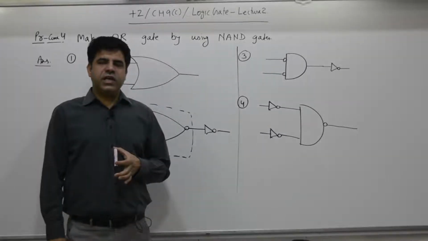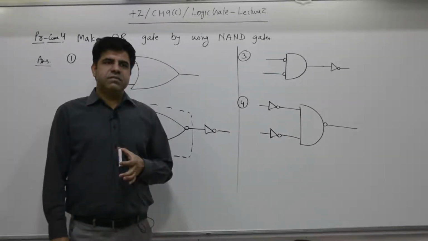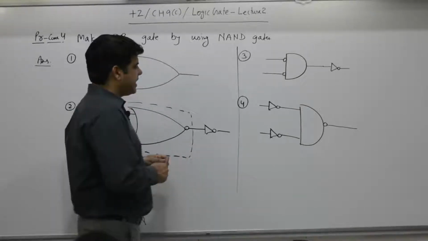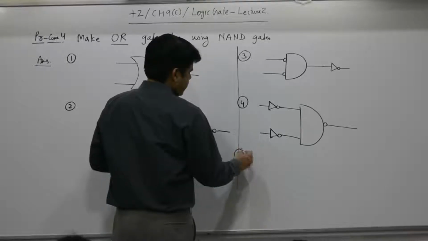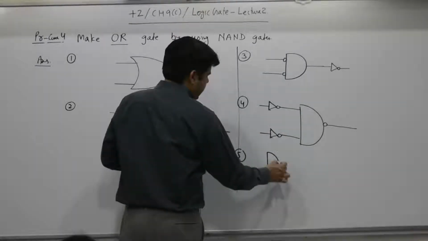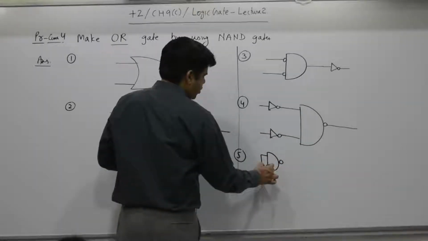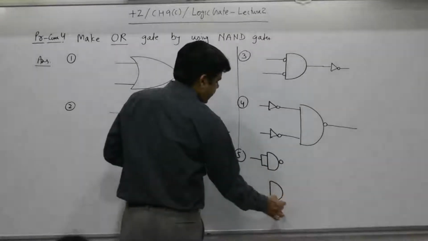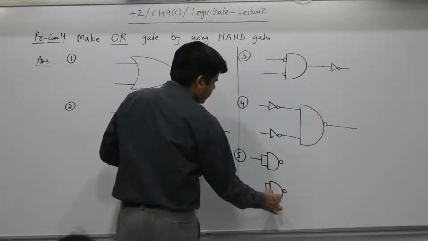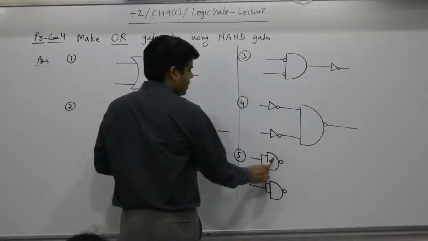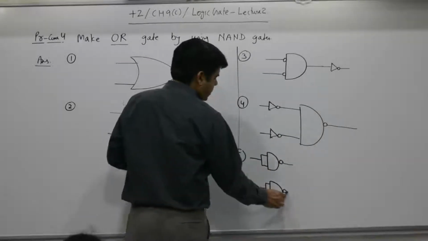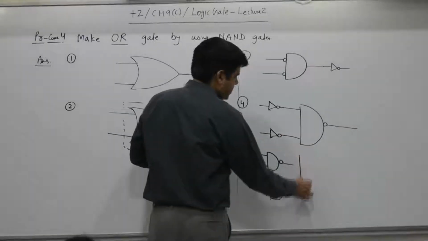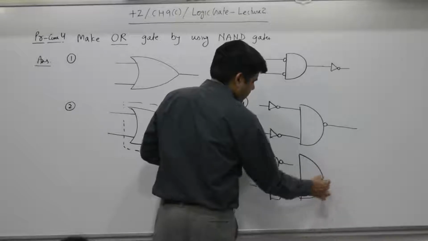How you get a NOT gate from NAND gate? Short circuit, correct. So this is NAND gate, short circuit, its 2 inputs. This is also NAND gate, short circuit, its input. So this becomes a NOT gate, this is also a NOT gate, and this is a NAND gate.